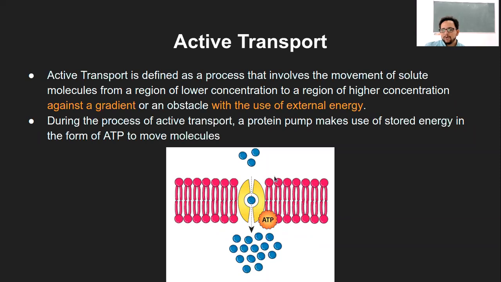But ultimately this protein pump will need certain energy to transfer this molecule against the concentration gradient, and that's what is active transport. And if this movement had been from the lower side to the upper side, it would have been simple diffusion, right? That is along the concentration gradient. Opposite to simple diffusion, movement that needs energy from lower concentration to higher concentration, against the concentration gradient, is active transport.